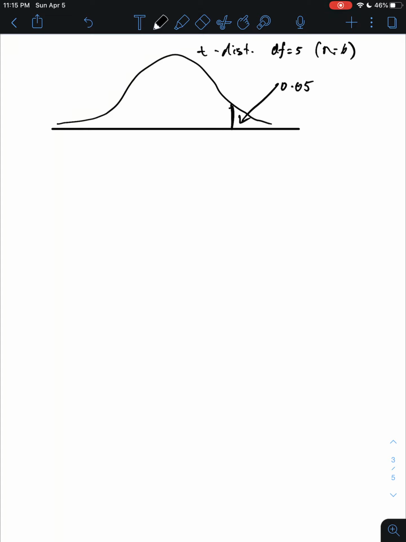Now we want to use the t-table, either in the textbook or better from the website, to find that number. So what we're going to do is look up alpha is 0.050. That's this column here.